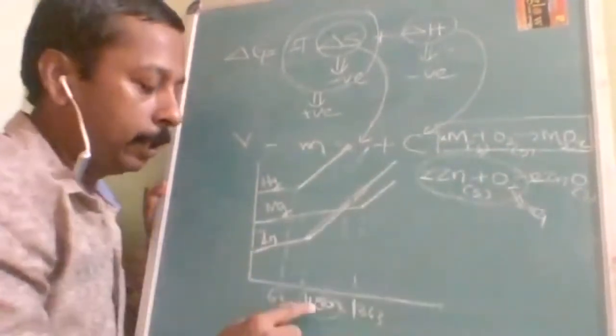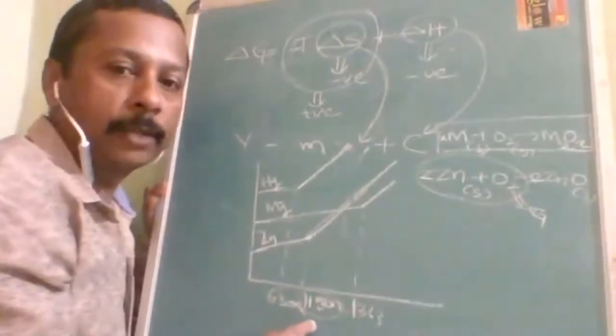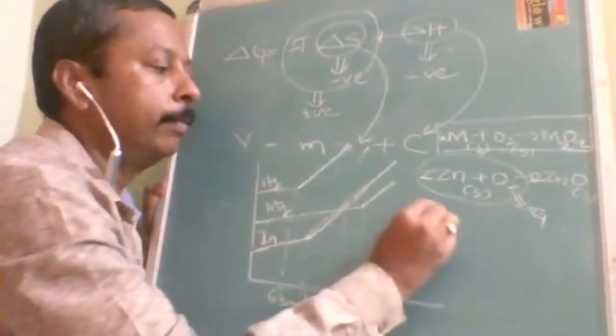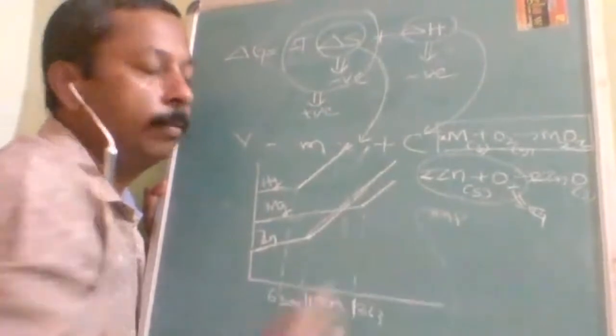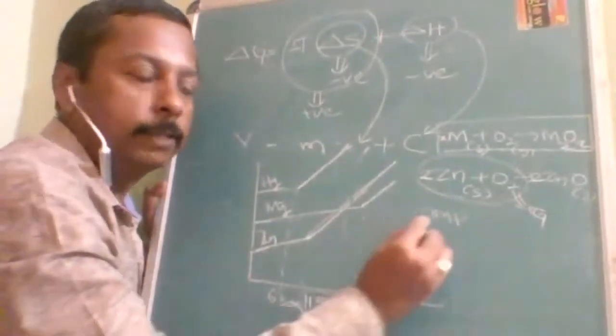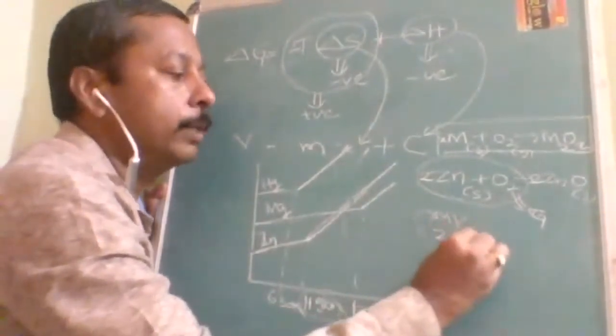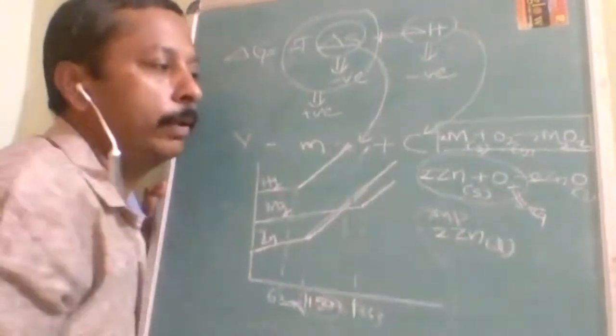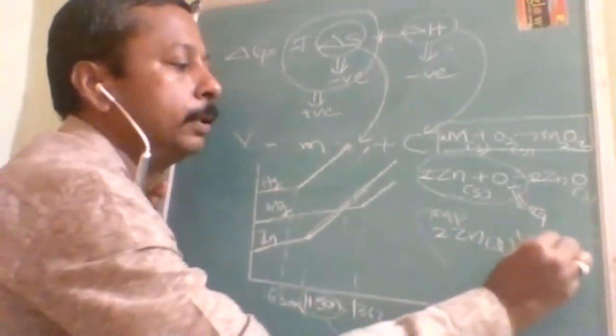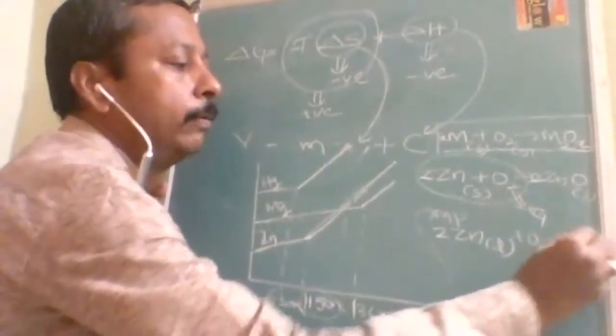But after this 1150, actually 1150 is the melting point. So after this, what I have to write? 2 Zn, now I have to write liquid, plus O2, and it is going to give 2 ZnO.